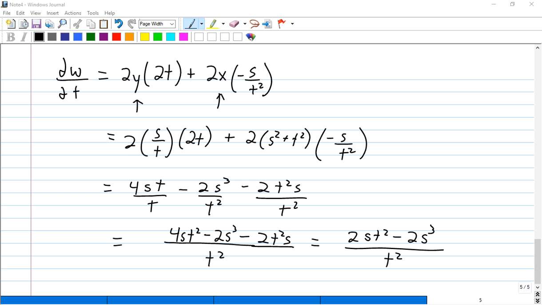You just have one more part. Like if you have a z in there, you're just going to have the partial derivative of w with respect to z times the partial derivative of z with respect to whatever variable you're taking the derivative of. So you can extend that.